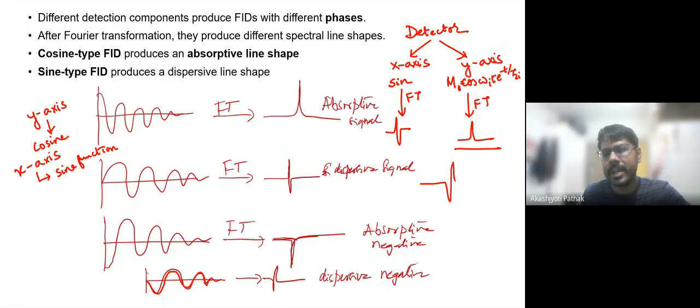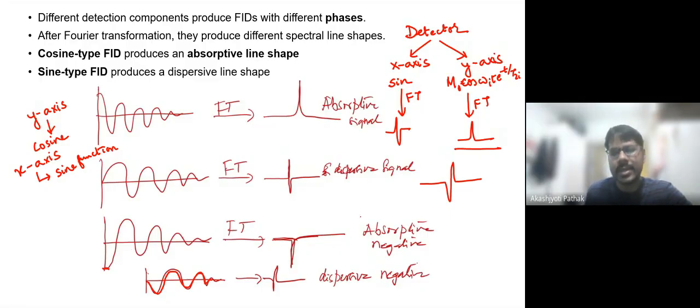You have a negative signal and then a positive signal. Similarly, the same thing can be for the cosine function also. If it is starting from positive going to negative, then it will have a positive absorptive signal. If it is starting from negative amplitude and moving to positive, then you will get a negative absorptive signal.